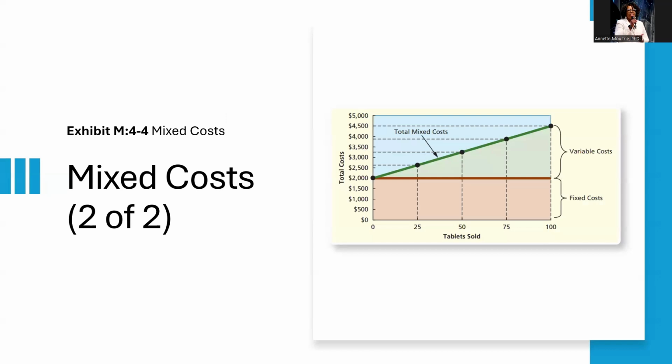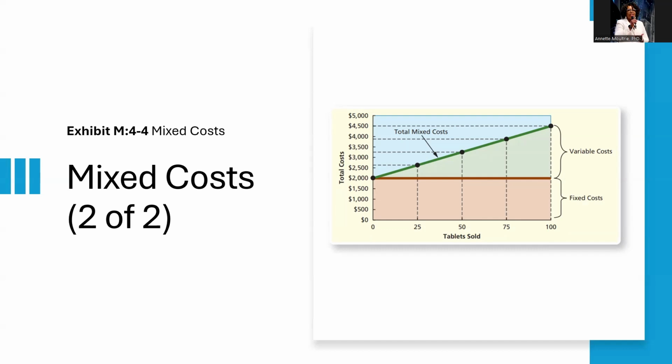Okay, and this exhibit that you see illustrates how Smart Touch Learning breaks down total sales representative compensation into fixed and variable components. The $2,000 salary remains constant regardless of the number of tablets sold, making it a what? Fixed cost. Okay?